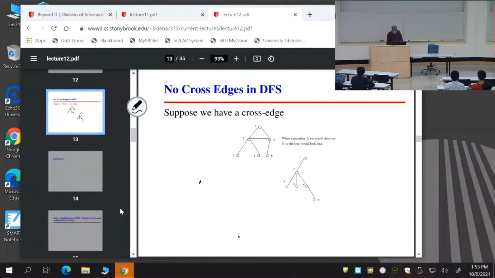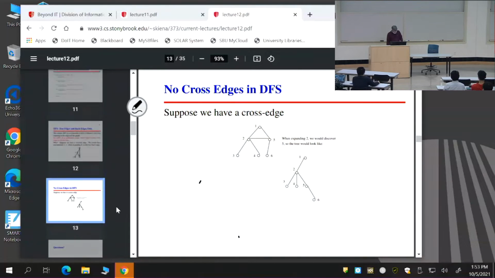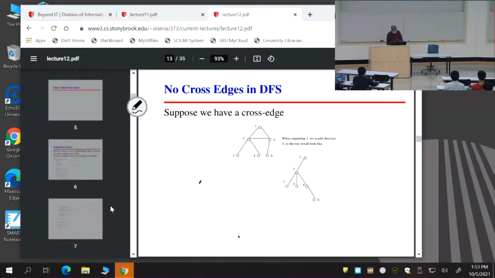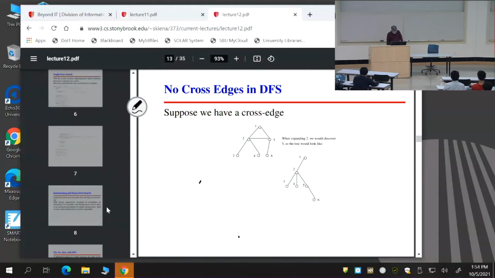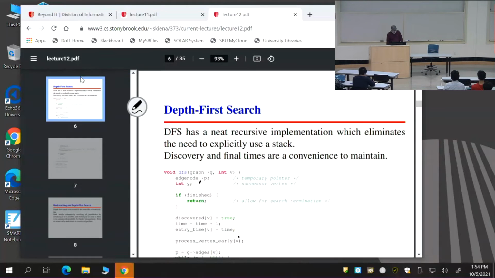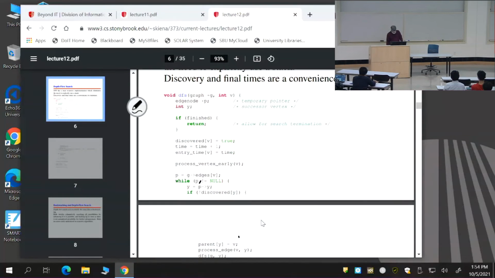Okay. Before I go any further, let's look one more time at DepthFirst search and do a couple of things more. First, what is the running time of DepthFirst search?